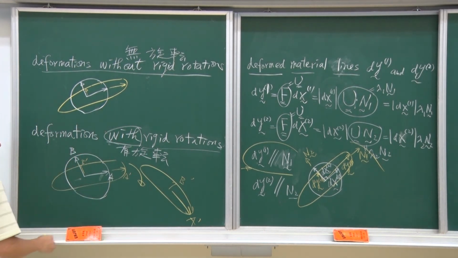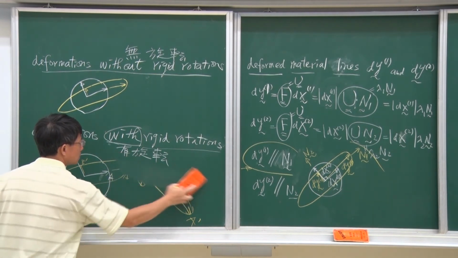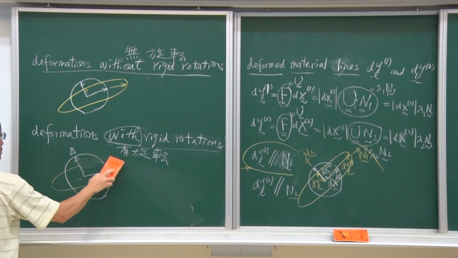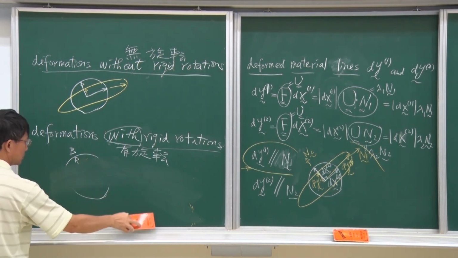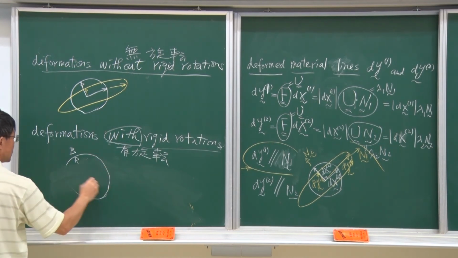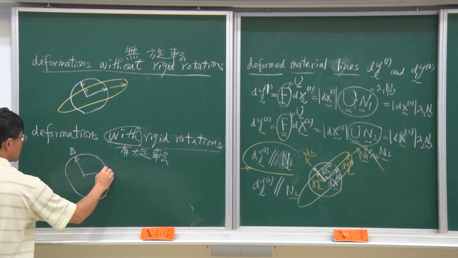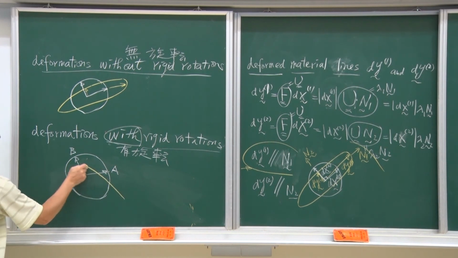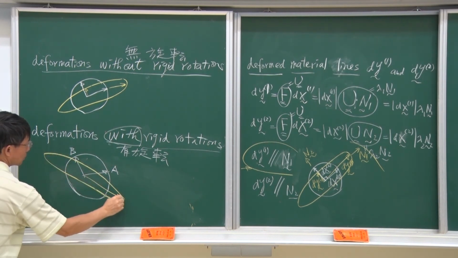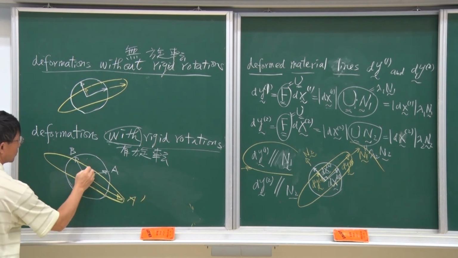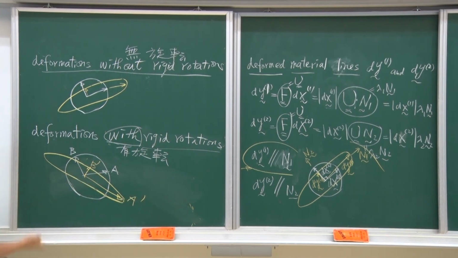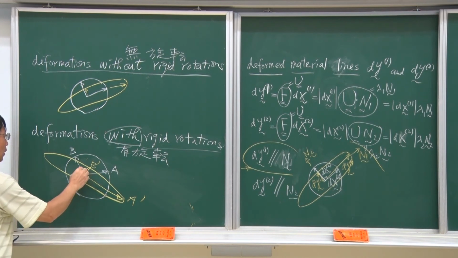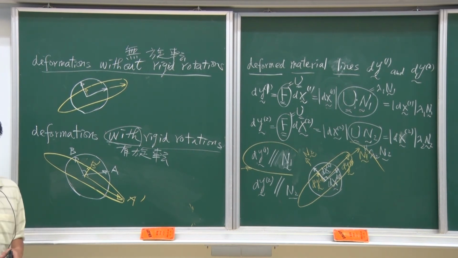Okay, let me draw it in one picture. After the deformation, these two perpendicular orthogonal material lines have already been rotated to another two directions. So we have rotation.